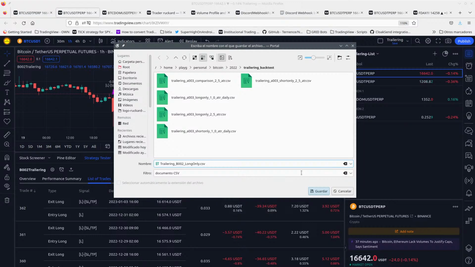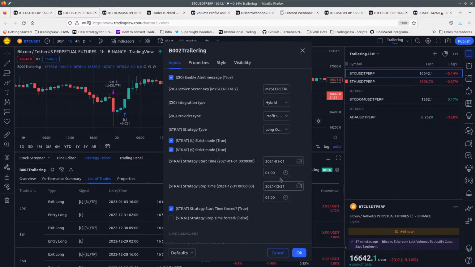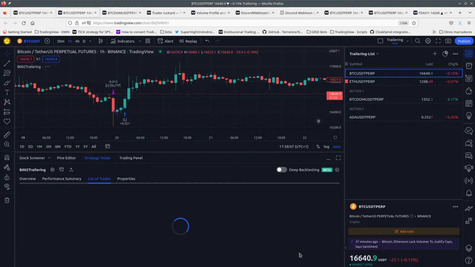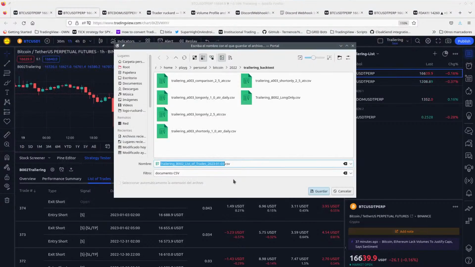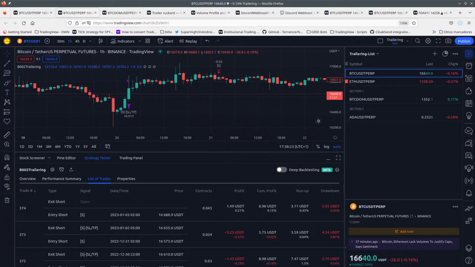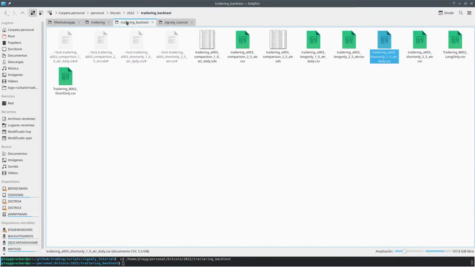So far this is the way we're going to do it, and also we're going to change it to short only, and once this has ended we will remove the pin here. We will work with short only. That's it.